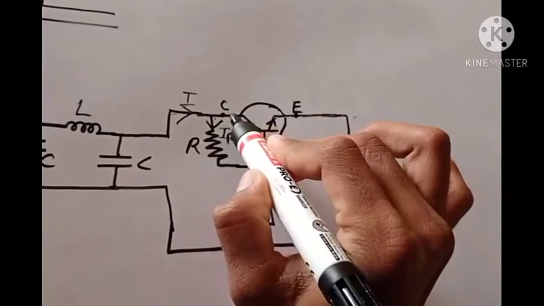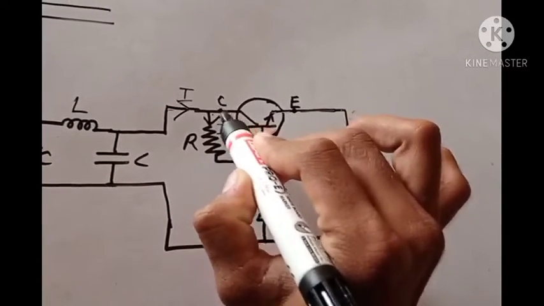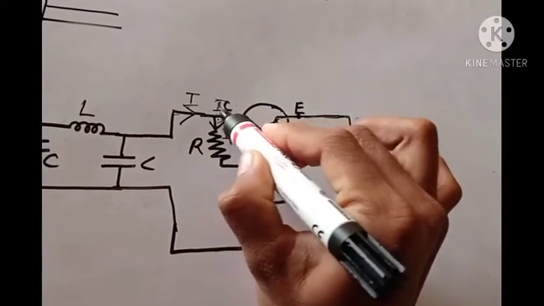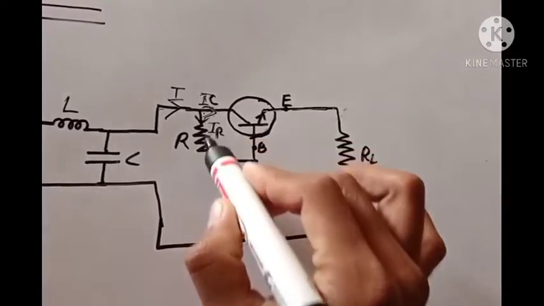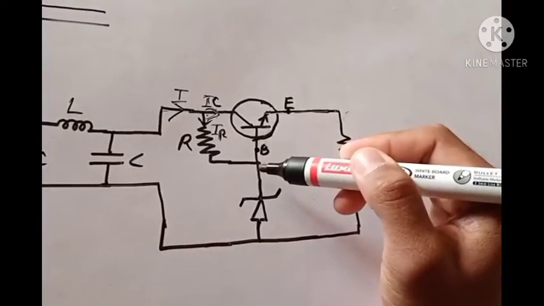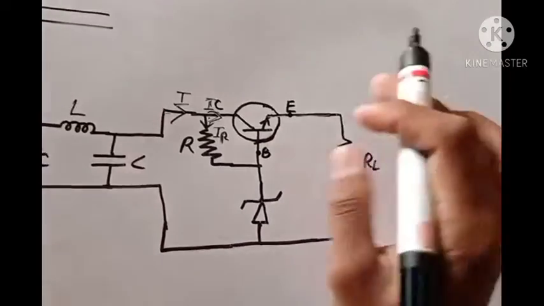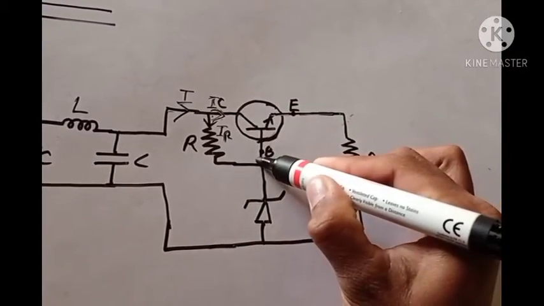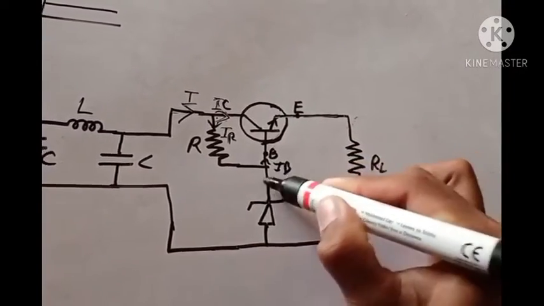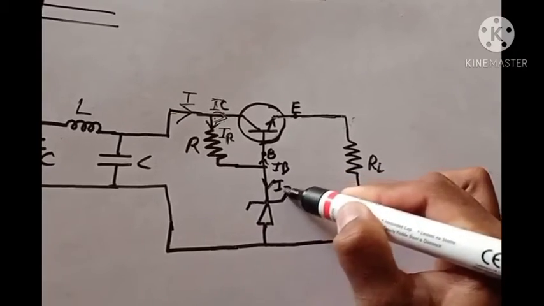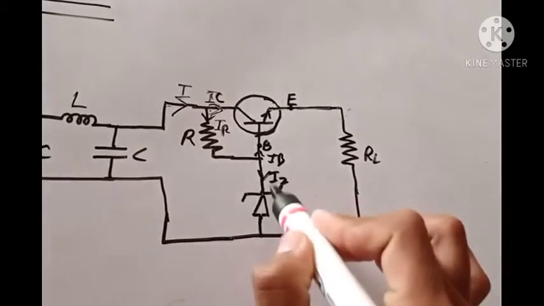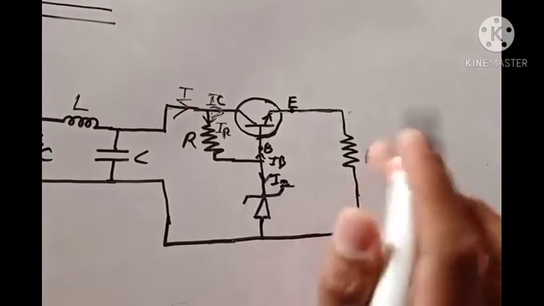The current flowing through the collector terminal of the transistor will be IC. Here again the current divides due to the parallel path. IR again divides into IB current and IZ, where IZ is nothing but the Zener diode current.